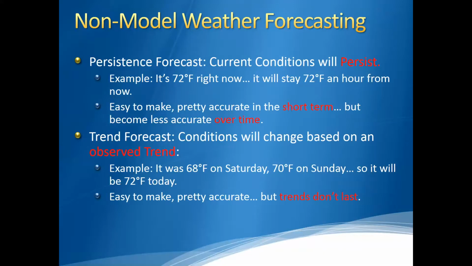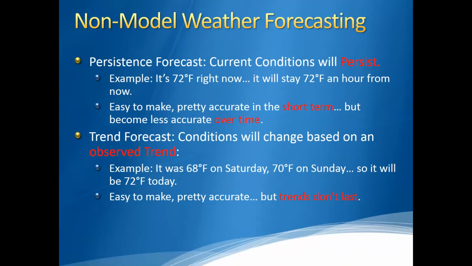However, trends don't last. Look at this trend and make a forecast for a week out from now, or 2 weeks out from now. If it's 68 on Saturday, 70 on Sunday, 72 today, 74 tomorrow, 76 Wednesday, 78 Thursday, 80 Friday, 82 Saturday, 84 Sunday.